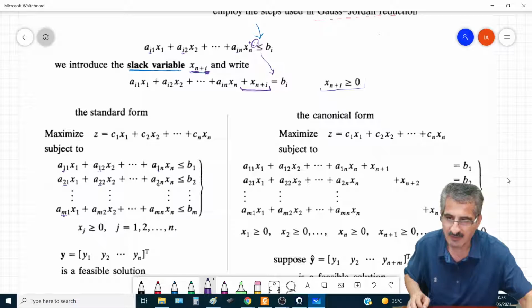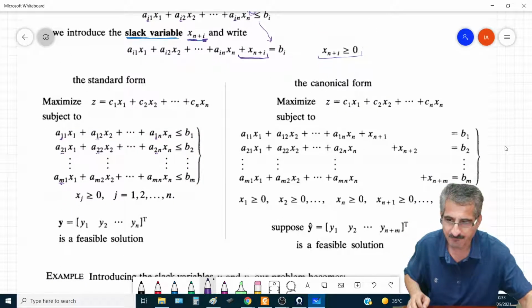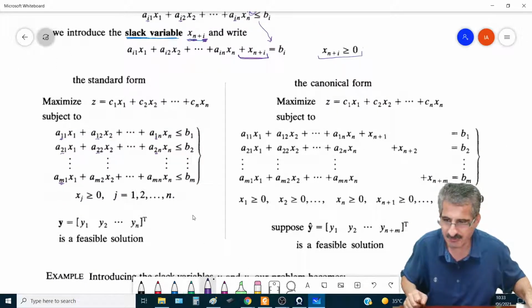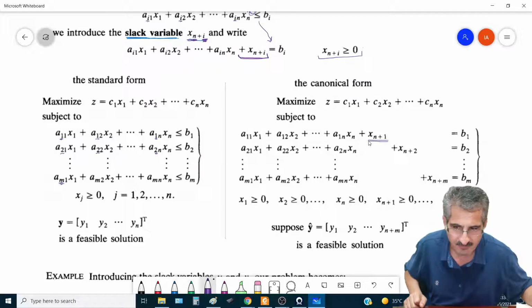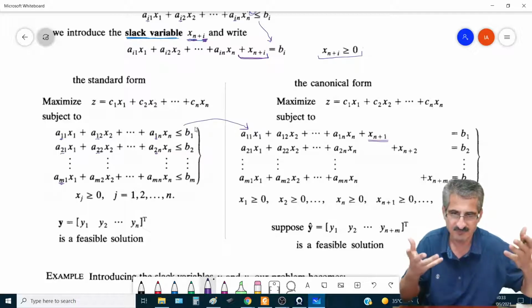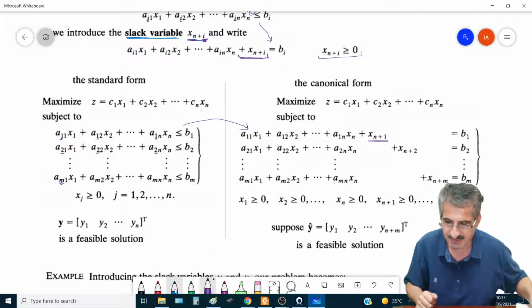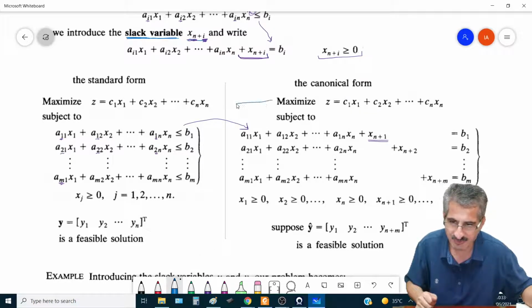Now look how we do it. In here we add it, see, it is added here now. The first constraint is moved to be that. The function is still the same; the objective function we want to maximize is still the same.